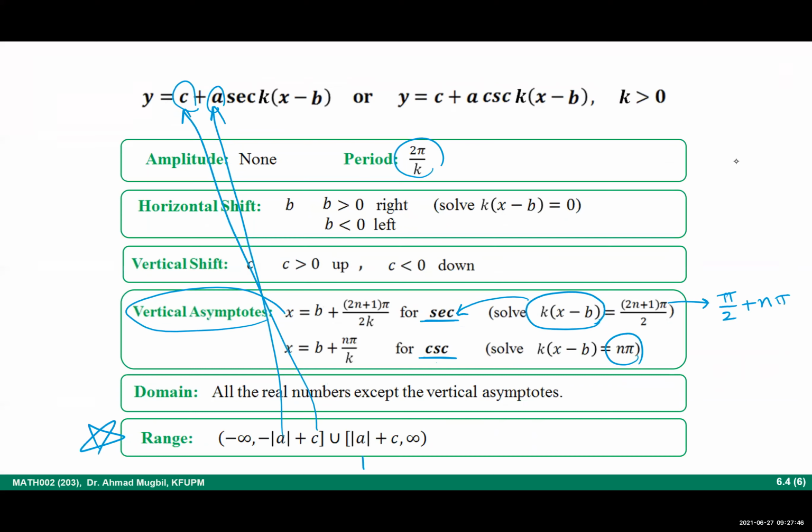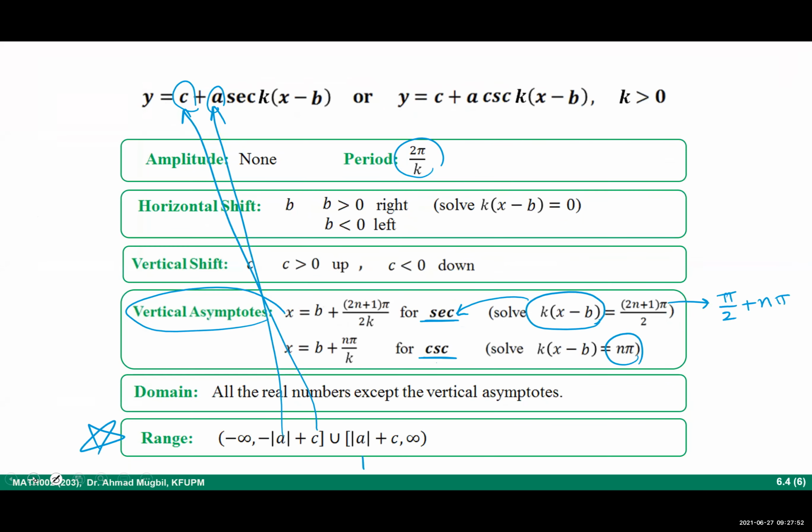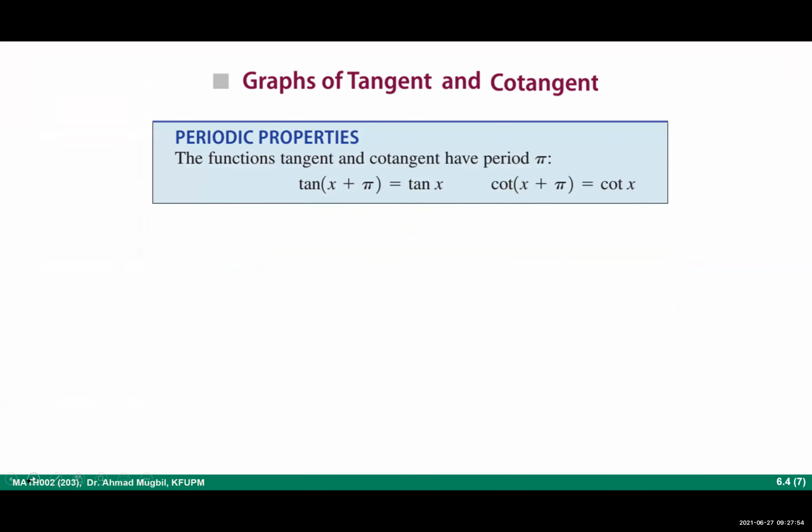Now, what we will do, inshallah, today, we will sketch the graphs of tangent and cotangent. If you remember, guys, what was the period of sine, cosine, secant, cosecant? 2 pi, or 2 pi over k.